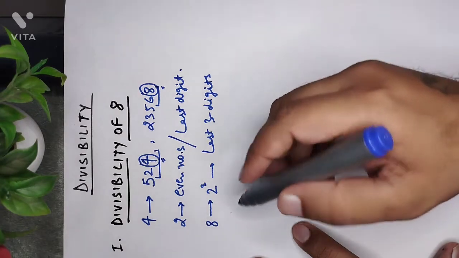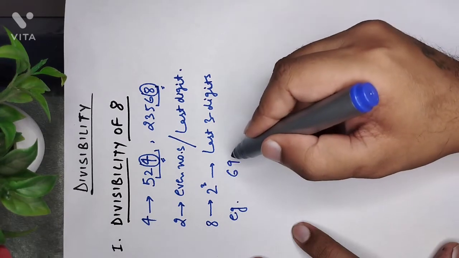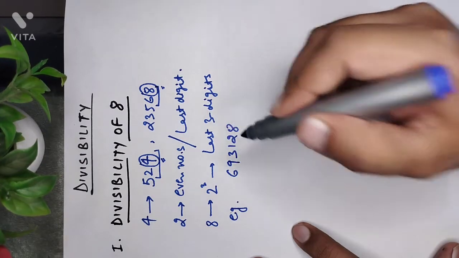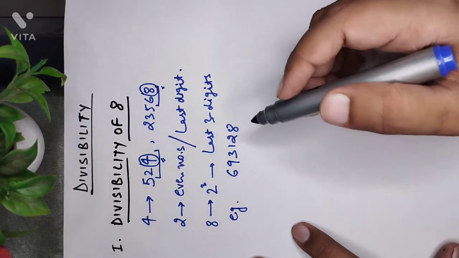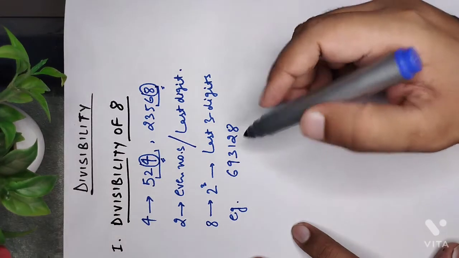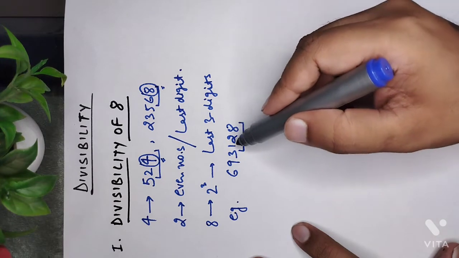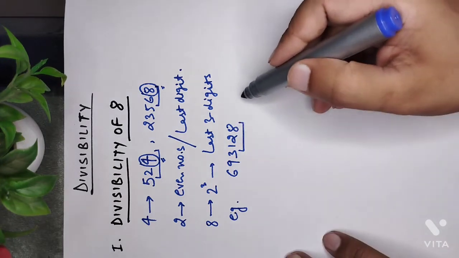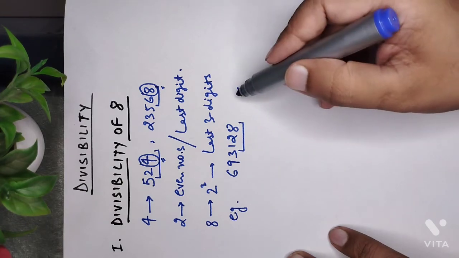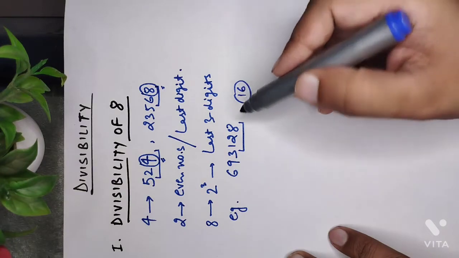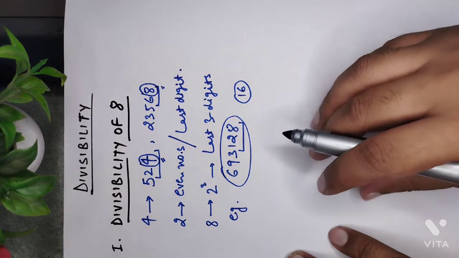For example, if I take this number and have to check whether it is divisible by 8 or not, I just have to check the last three digits. You can see that 8 times 16 is 128. So this number is divisible, so this entire number will also be divisible by 8. So this is the property of 8.